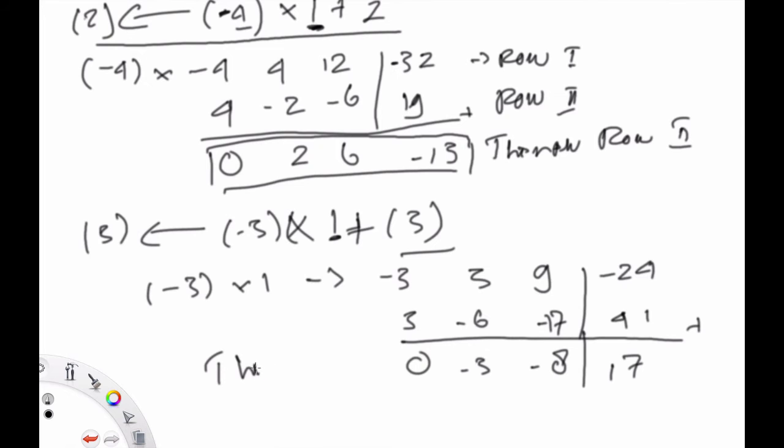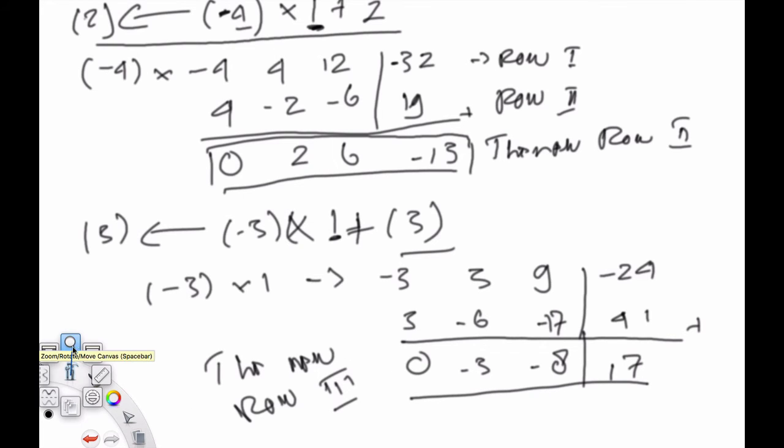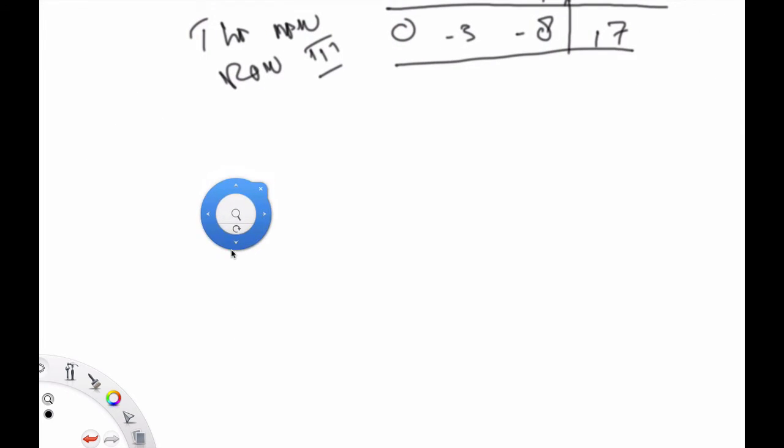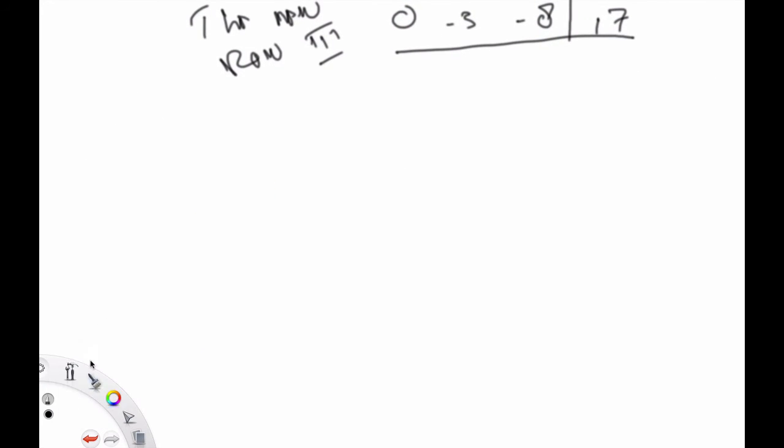It is the new row 3. So we have new row 3 here, and then we can put all the new rows into the matrix. Now we have the new matrix. It looks like this: 1, -1, -3, 8.